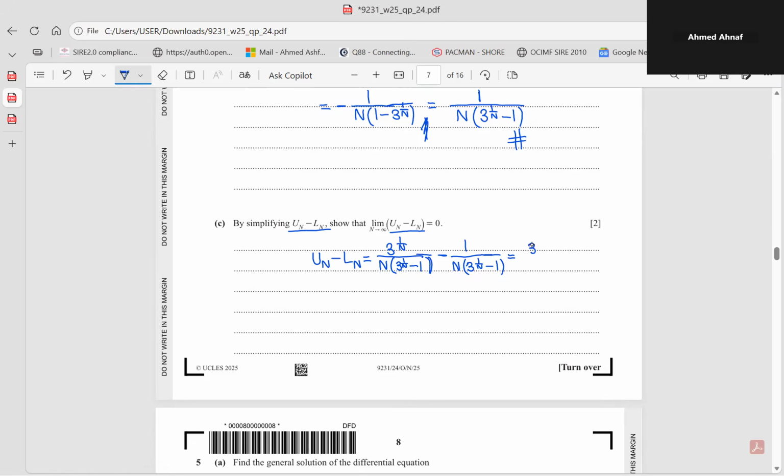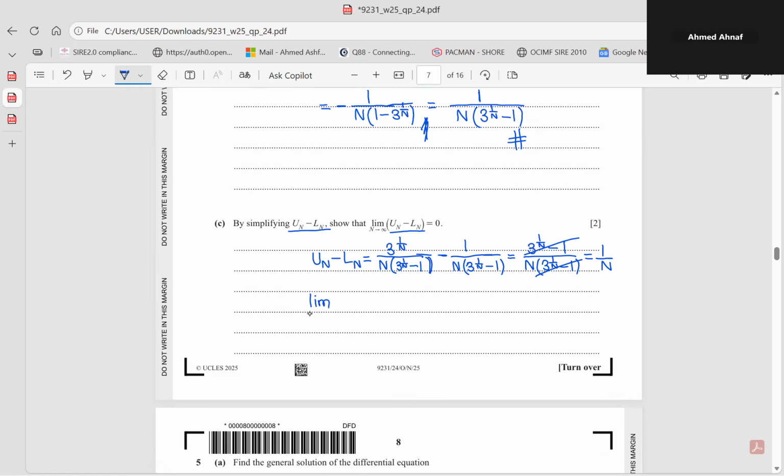So this is 3 to the power of 1 over n minus 1 over n times 3 to the power of 1 over n minus 1. So they cancel out, therefore you'll just get 1 over n.